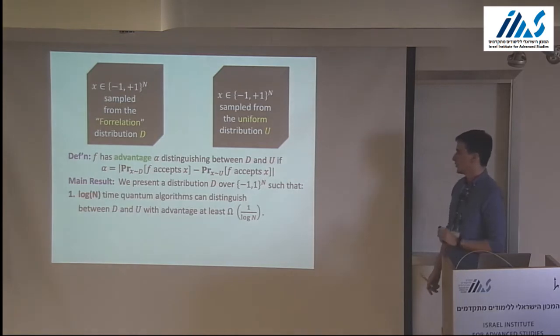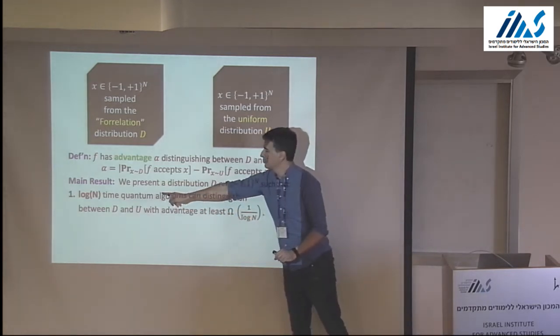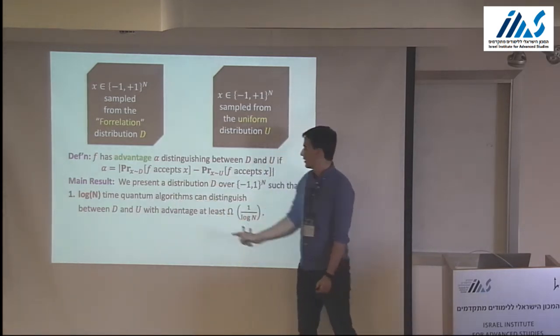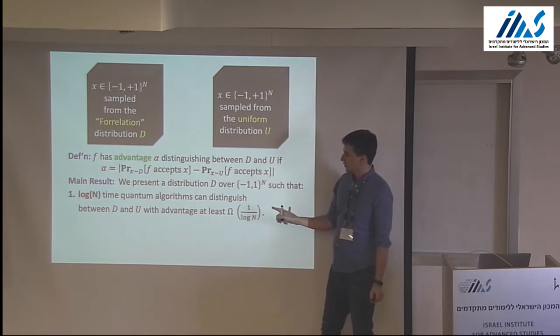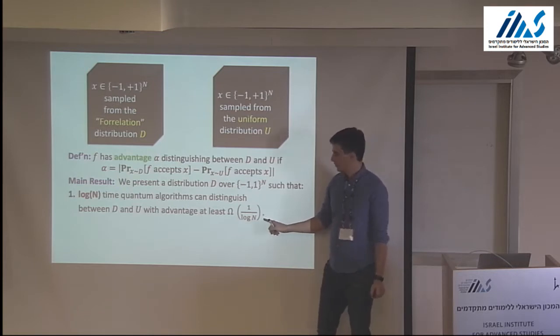And we show two statements about this distribution. On one hand, super fast quantum algorithms that work in time logarithmic in capital N can tell the difference between these two distributions, and their advantage would not be so small. It would be roughly 1 over log n.